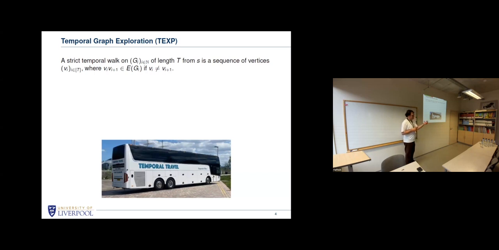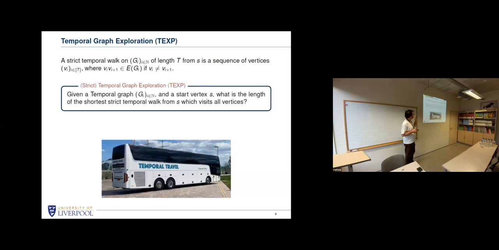You might stay put in one step, but if you move vertex, then the edge between these vertices has to be there at that step. So it's a standard strict temporal path. And the temporal exploration problem is: given a temporal graph and a start vertex, what's the length of the shortest strict temporal walk which visits all vertices?